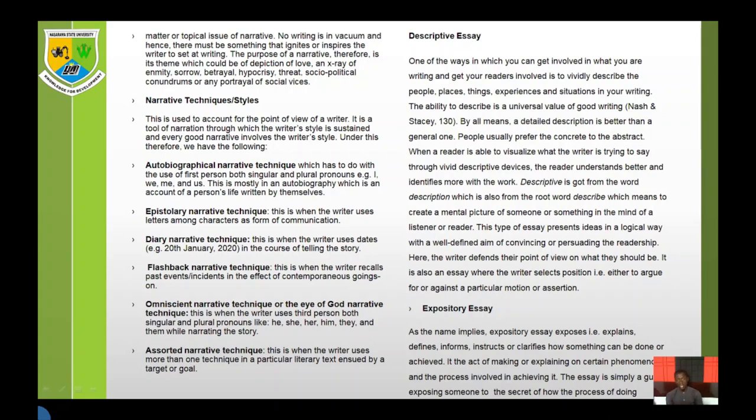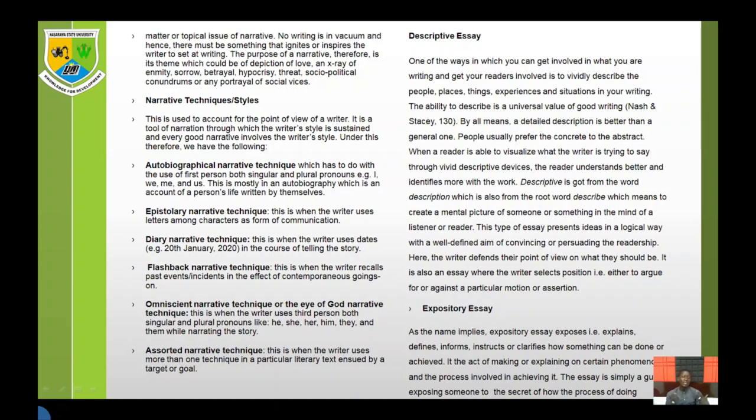The autobiographical narrative technique is the first one in this discussion, and it has to do with the use of the first person, both singular and plural pronouns. You see, a writer may decide to use I, we, to mean that the writer is also involved in the story. Us, as in us, to mean the writer is also involved.